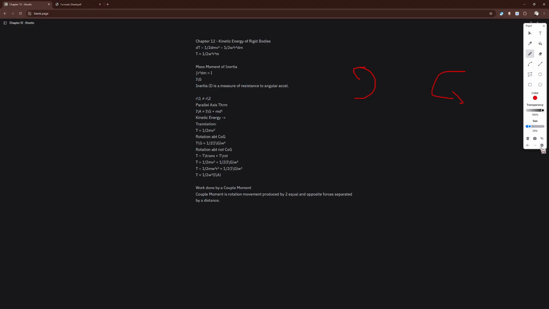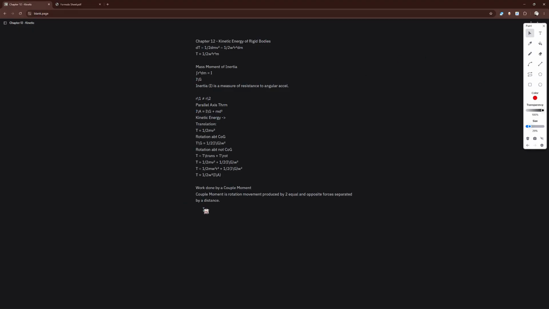They're equal and opposite, and they're separated by distance d. This is a couple moment, right? Very nice. So we know that a moment is force times distance, right? So couple moments do translational work from the forces, and then there's work from the rotations, right?